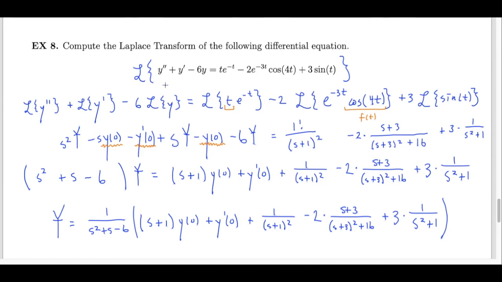So we won't work through the steps here, but you can imagine that if I could untransform this equation, on the left-hand side, capital Y would be untransformed to lowercase y. And then if I went through and carefully untransformed all of the components on the right-hand side, then I would identify the solution of this differential equation. And that's exactly our goal.